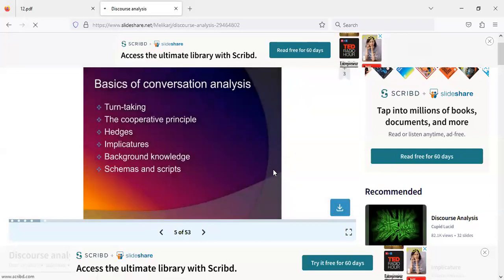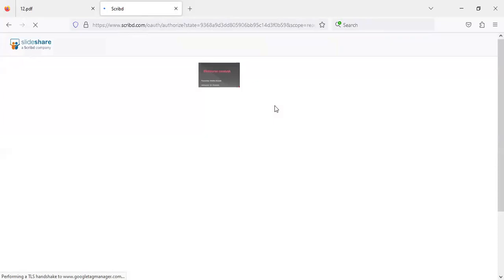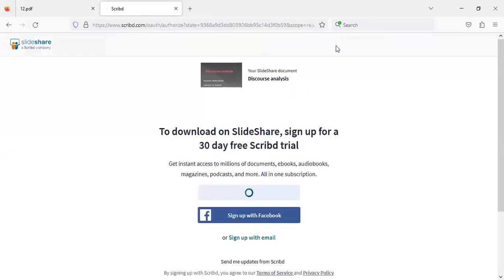Now, if we focus on conversation analysis, can you see the screen? No, madam, we can see the screen, but scrolling is not working. What has happened now?